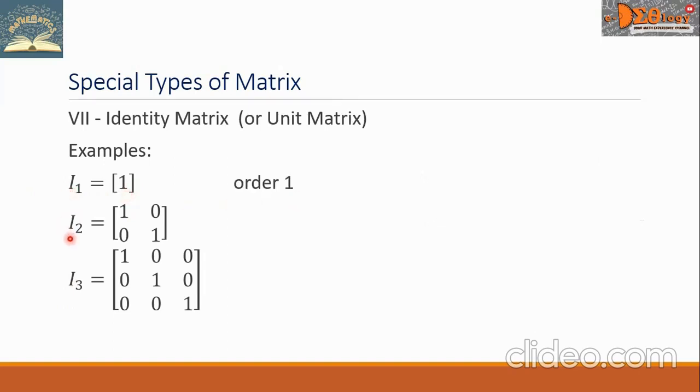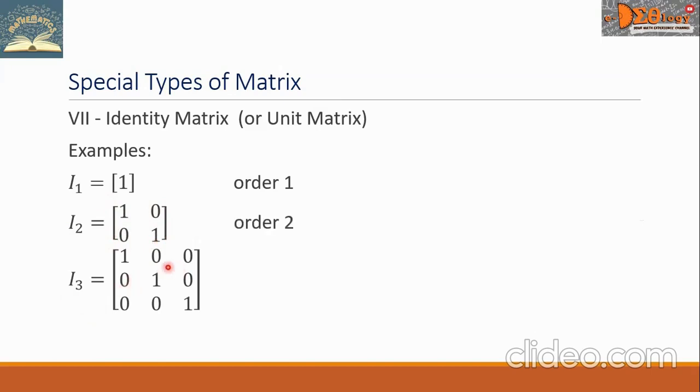Second example, I sub 2 is equal to the square matrix 1, 0, 0, 1 respectively. The elements in the main diagonal are all 1. The remaining elements are zeros. And this is of order 2. Third example, I sub 3.